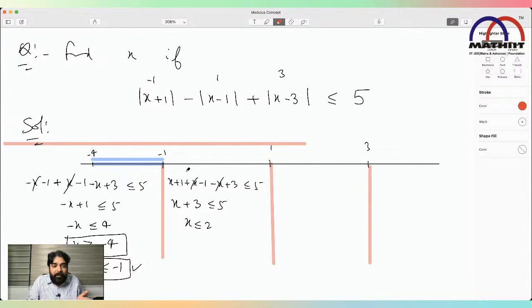I will take only -1 to 1. So this part will give you the answer x element of -1 to 1. Is this clear? -1 to 1. I wrote interval form, I'm sorry. I will write it in inequality format. Is it clear? Is this line clear?